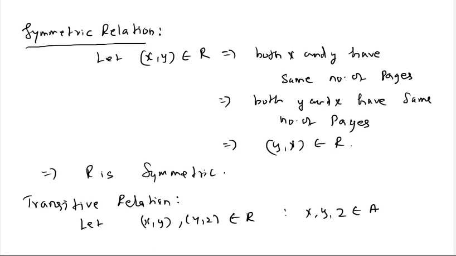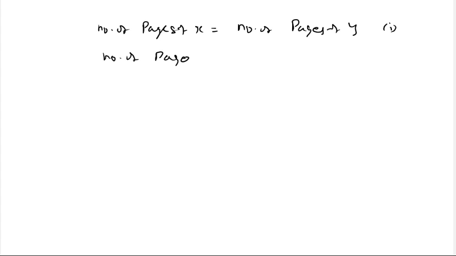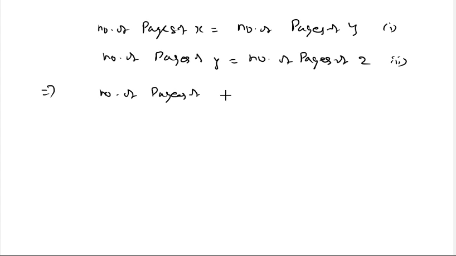Then how to conclude? Number of pages of x is equal to number of pages of y, and number of pages of y is equal to number of pages of z, and combining, number of pages of x is the same as number of pages of z.